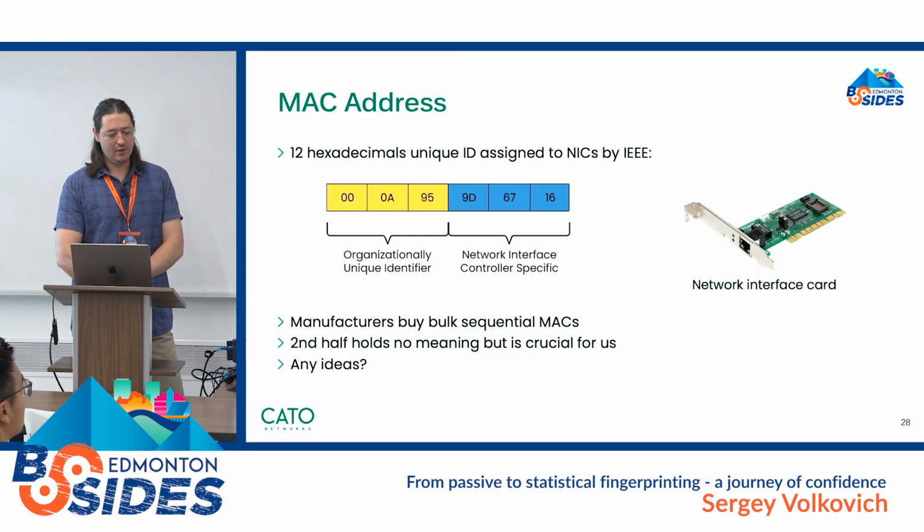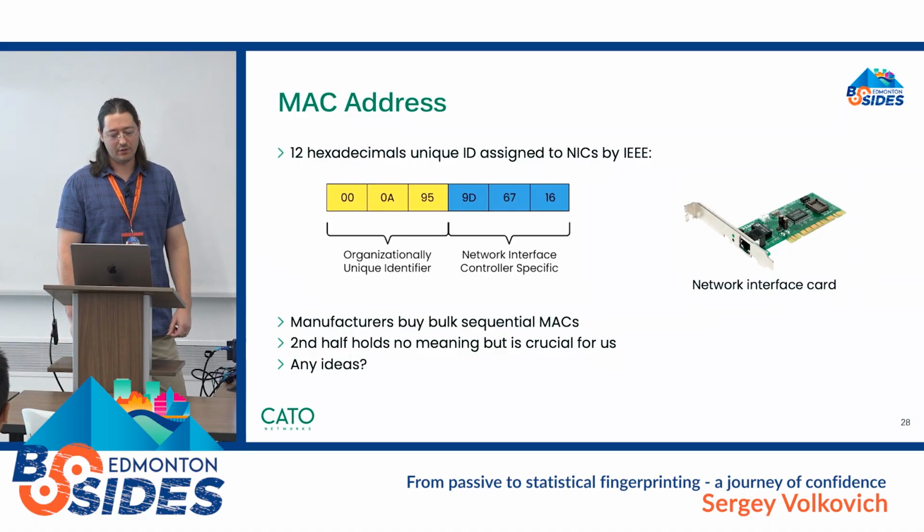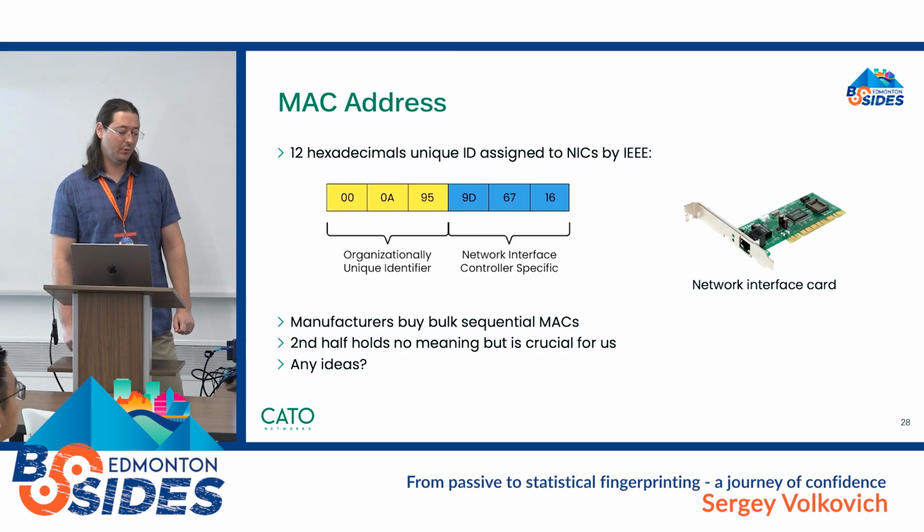It makes it possible to understand that manufacturers buy bulk MACs, and these MACs are sequential. So like Samsung can buy, I don't know, thousands, 10,000s of MACs with sequential orders. And as I mentioned, although the second half of the address doesn't hold any meaning, it is very crucial for us.